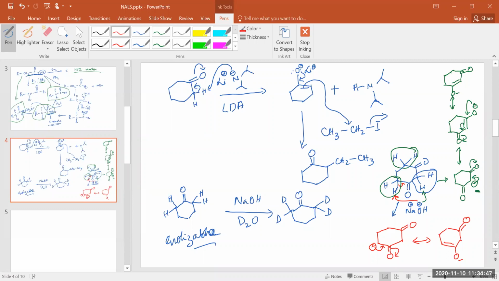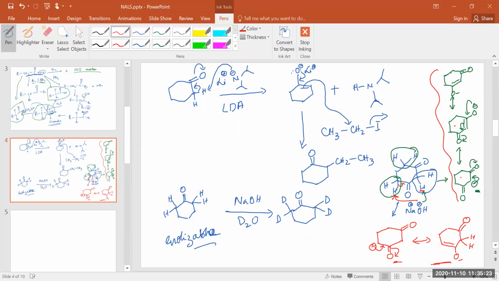Very important, try to understand the resonance here. Can you write more resonating structures from this? No. If you write, it will go back here. So if you take this proton, you get 1, 2, 3 resonating structures. If you take this proton, 2 resonating structures. So this one is much more favorable than this one.